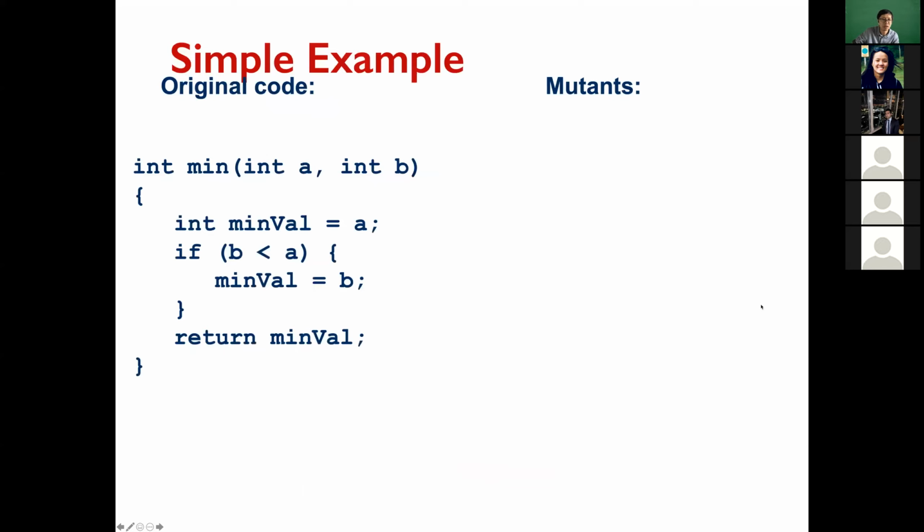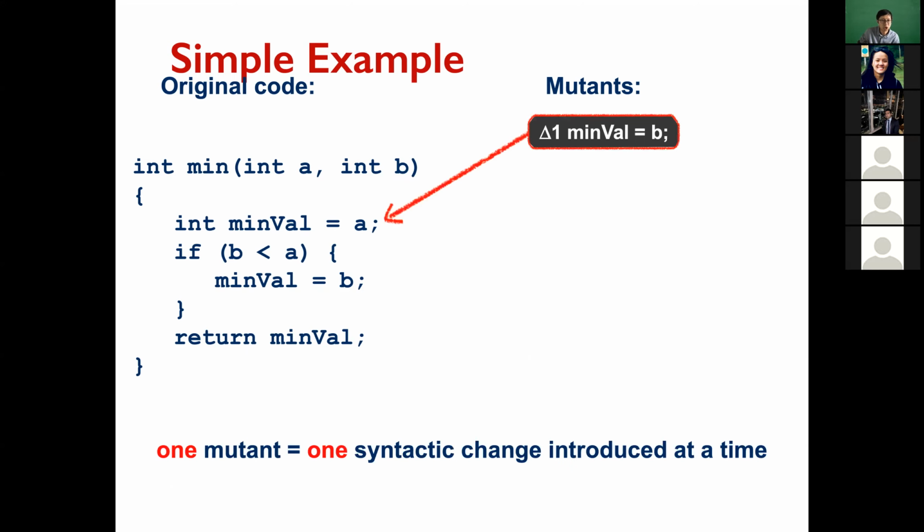Okay, let's look at a simple example here. Original code here on the left. Some mutants, what mutants can we have? First one, we can change the mean value equals A to mean value equals B, right? A small change. Then we have a different version of the program. A second version, we can change the if condition from B smaller than A to A smaller than B, right?